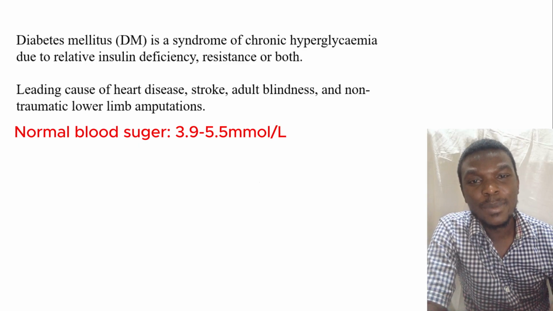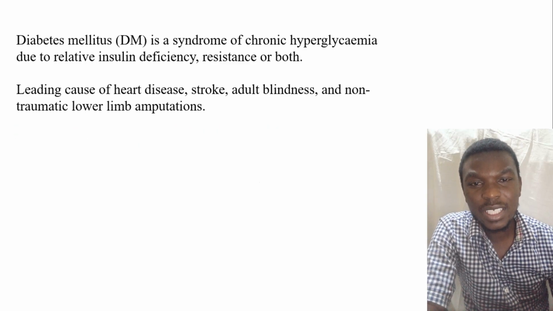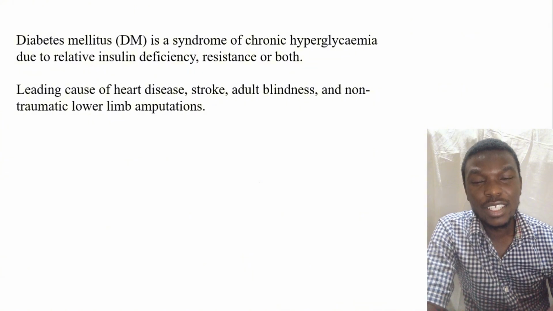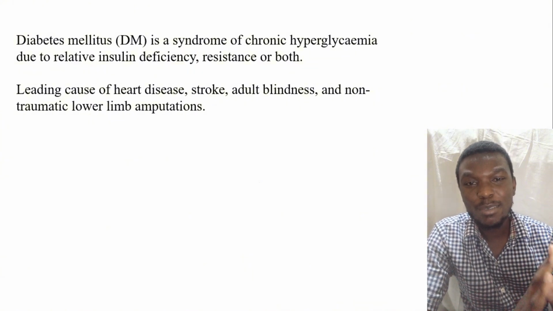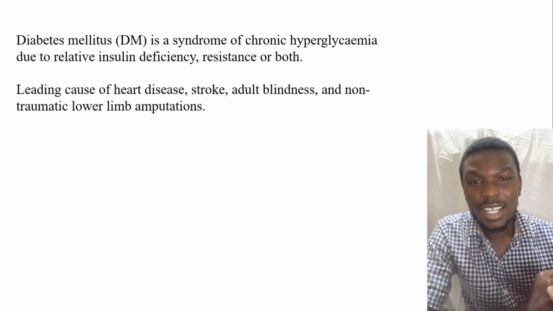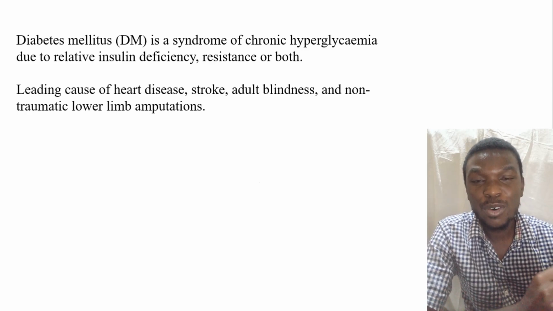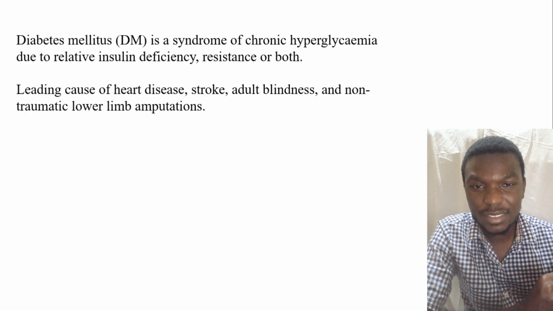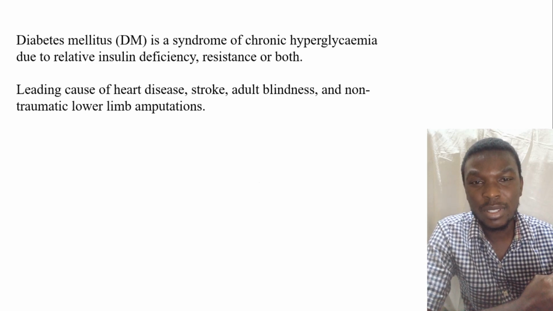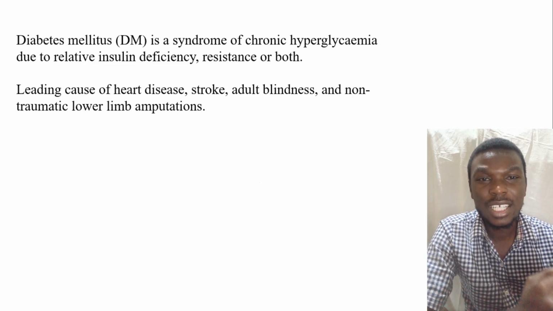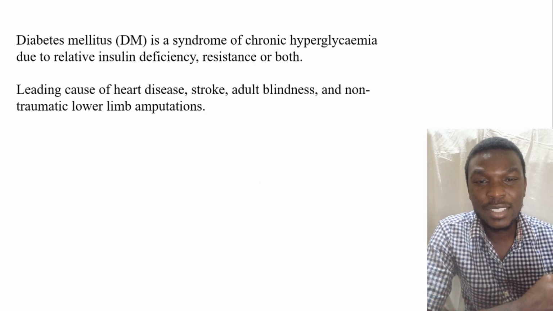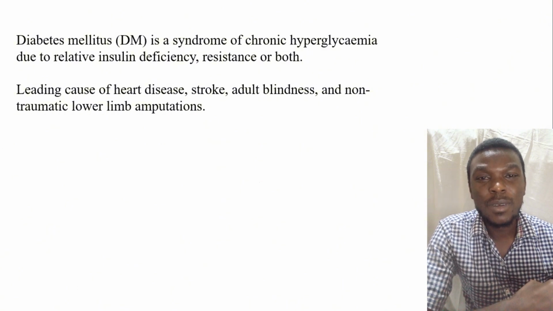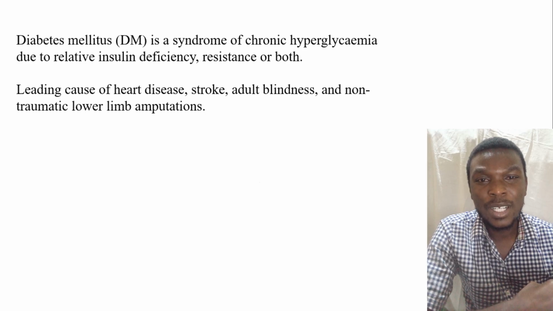Diabetes mellitus is a syndrome of chronic hyperglycemia. This hyperglycemia is due to insulin deficiency or resistance, and in some cases, both. You have patients that are unable to produce the insulin that the body requires, and other patients whose body or cells are not able to respond properly to this insulin.